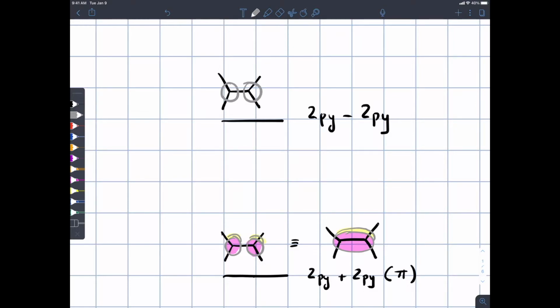There will be a node in between the two carbon nuclei. There will be a phase change as you go from one carbon nucleus to the other, and a phase change in the plane of the page. We would have called this maybe in your sophomore class the pi star.